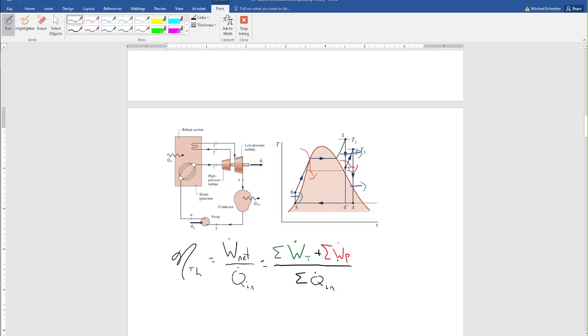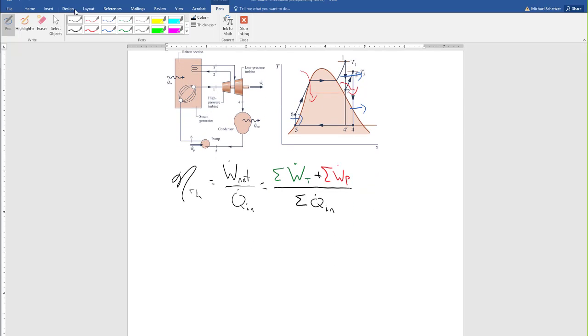Right? So now, if I want to do this, I can more generally say, okay, I've only got one pump, right? So that's good. I only need one of these. That's this one. I got two turbines here and here, and I got two places where I'm adding heat.